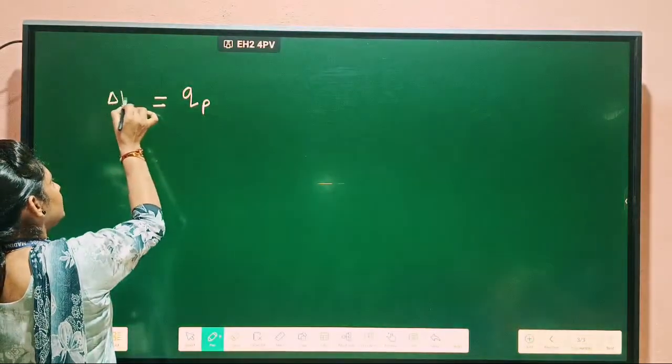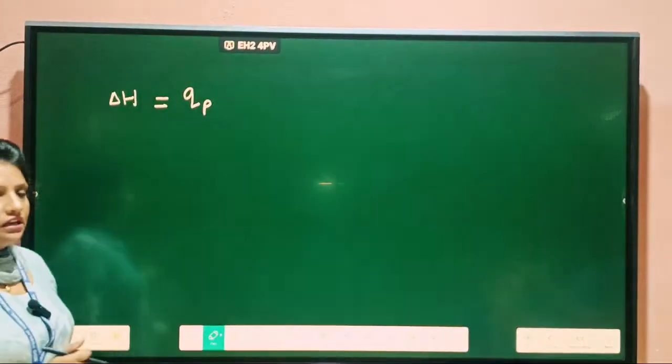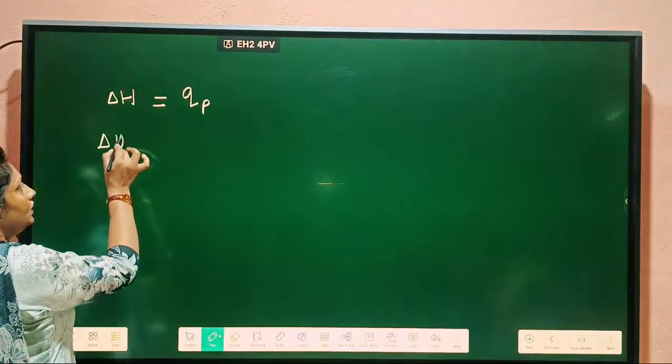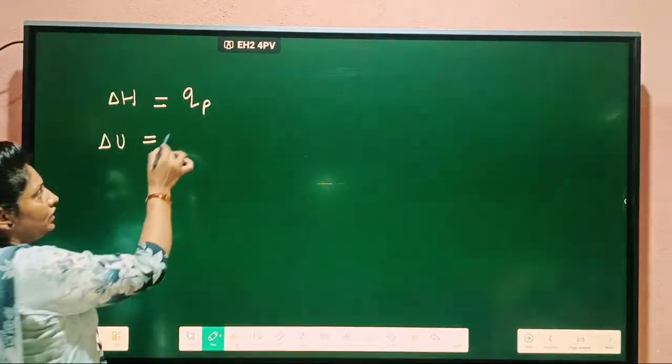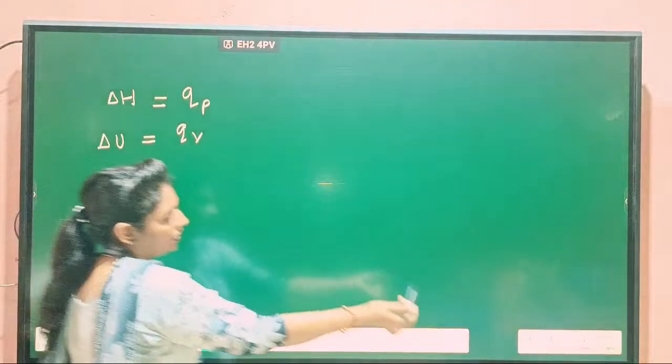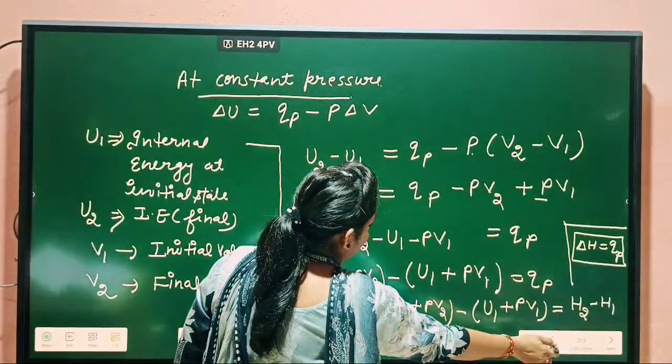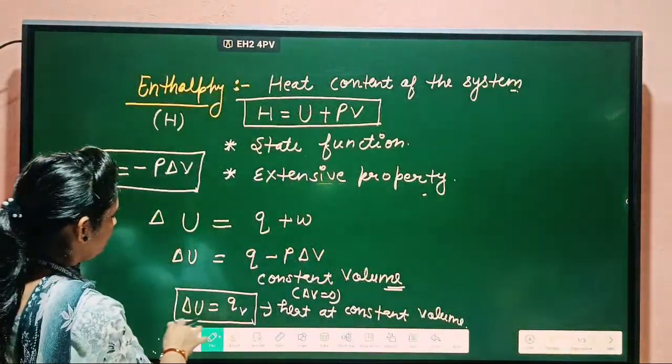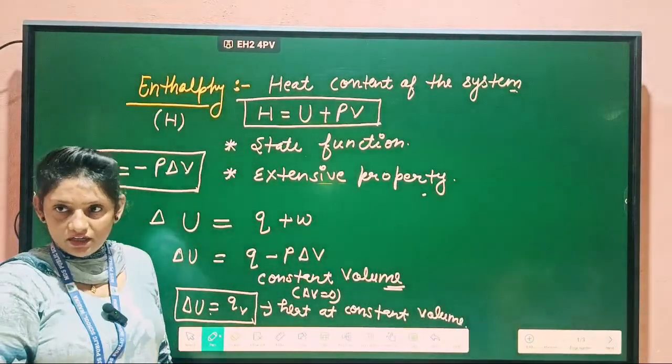Del H is equal to QP and del U is equal to QV. Clear or not?